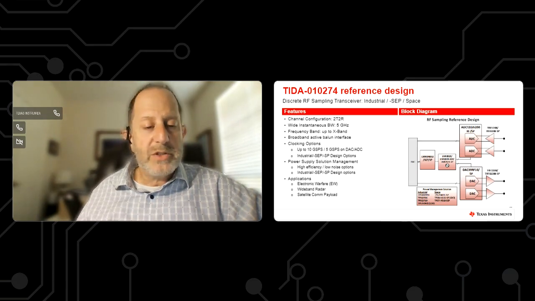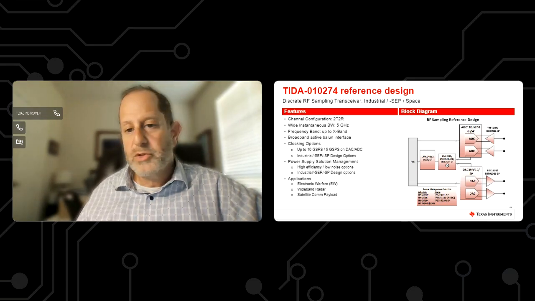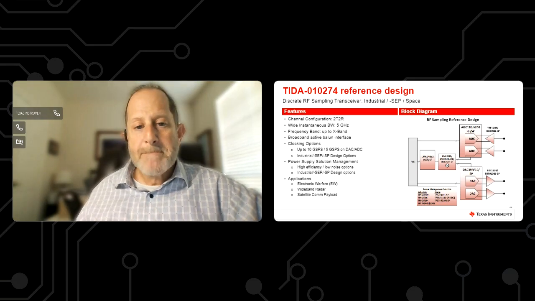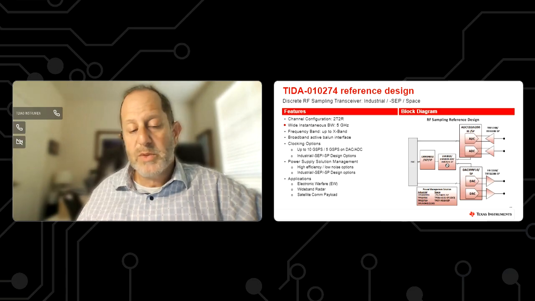It's configured as a 2-transmitter, 2-receiver part. This reference design's claim to fame is that it supports a very wide instantaneous bandwidth. So we can support 5 gigahertz of instantaneous bandwidth with this solution.